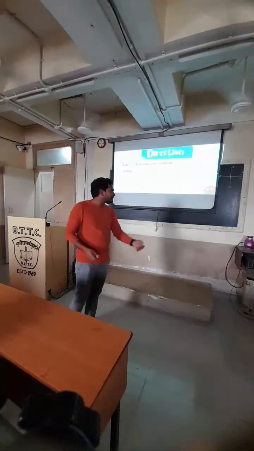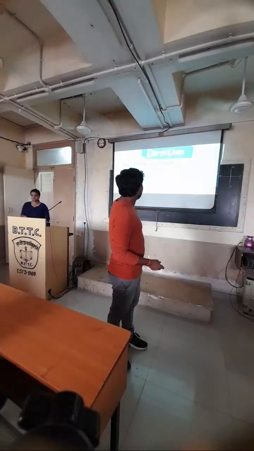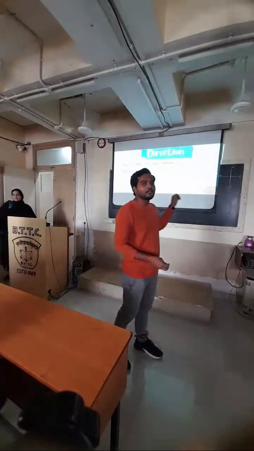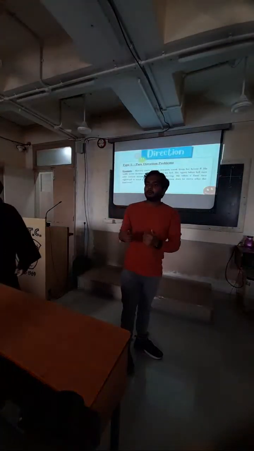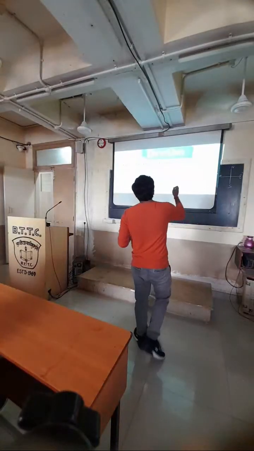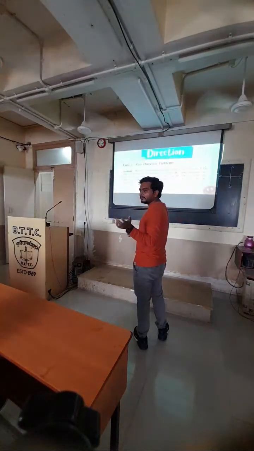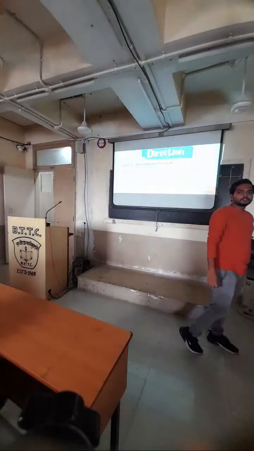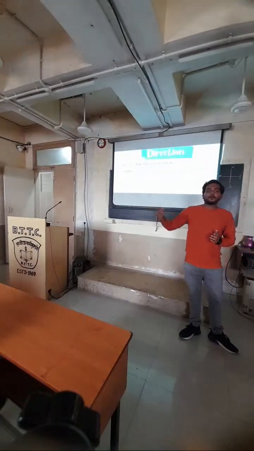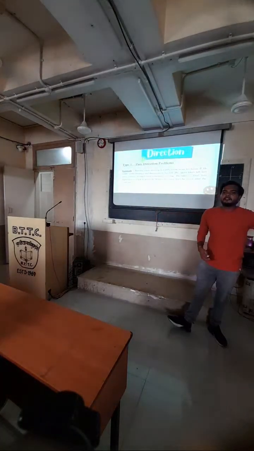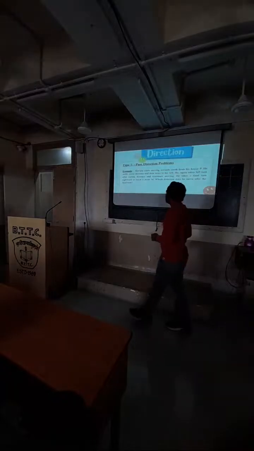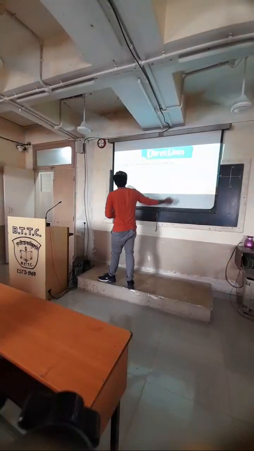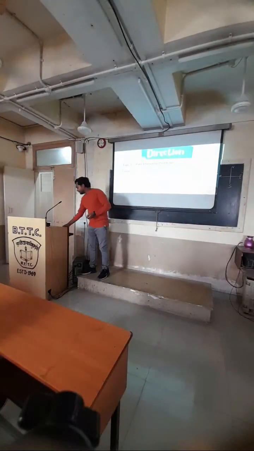He again takes a left turn after a certain distance and continues moving. Again I will take one more left. Then he takes a final right turn. So this is my right, and I will turn this side. This is my south, then this is east direction. So the person is moving in the east direction.